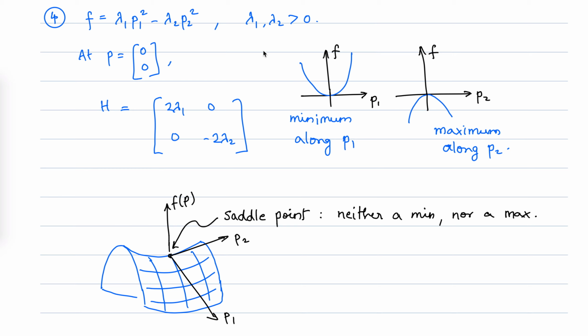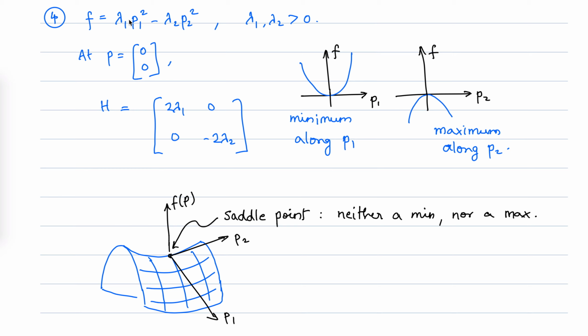If you just take a look at this function, is this a minimum or a maximum? If you forget p2 exists, just set p2 equal to 0, and look at f equals lambda 1 p1 square, that function is going to look like this. So f as a function of p1 has a minimum at the origin.